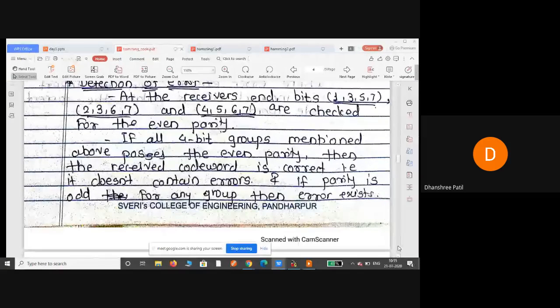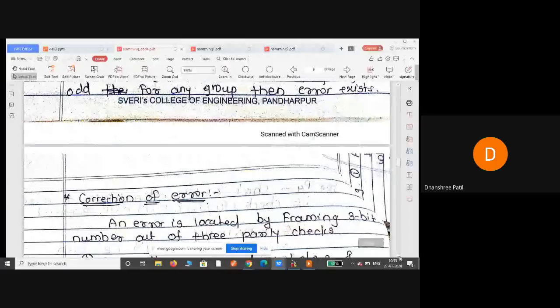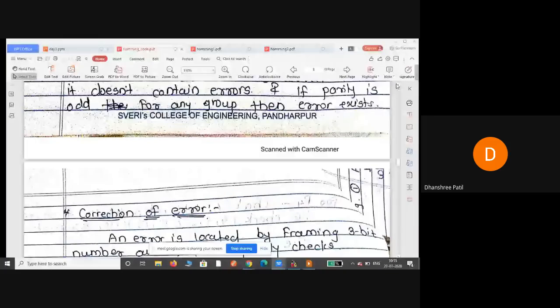Now suppose the error is not there, then we can finalize that the received data is correct. But if any one group comes as odd, it means that there is an error.